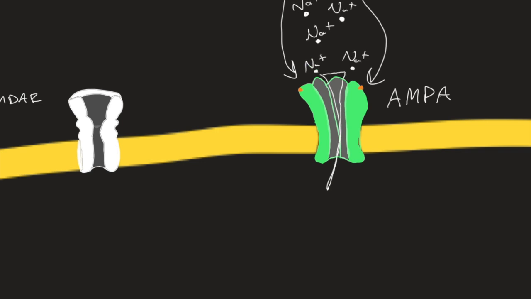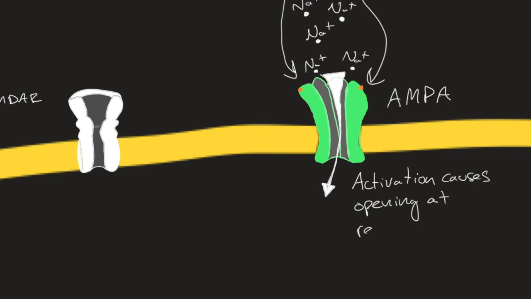You have sodium ions flowing from outside the neuron to inside the neuron. It allows for some potassium to escape. This starts to modify the polarity of the inside of the secondary neuron. So instead of being so negative, you start to have this positive charge build up on that cell surface.